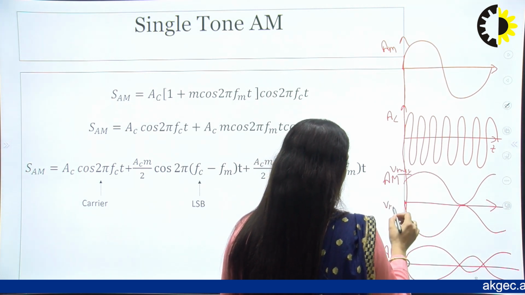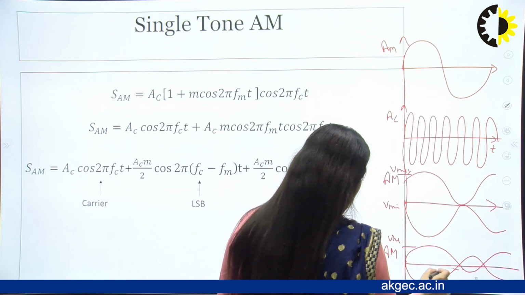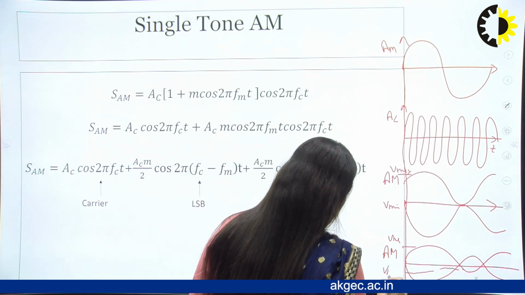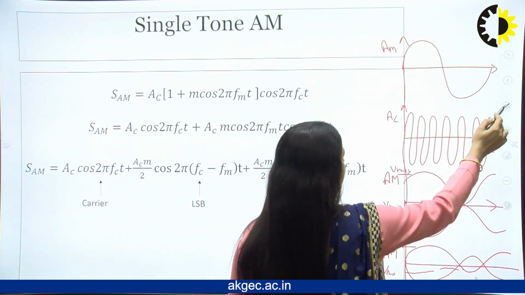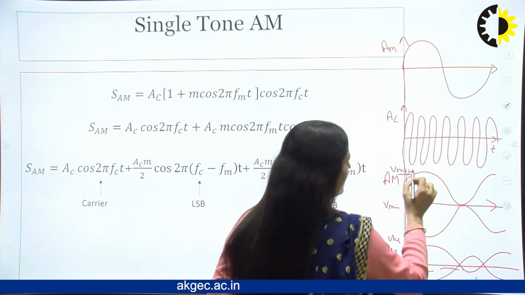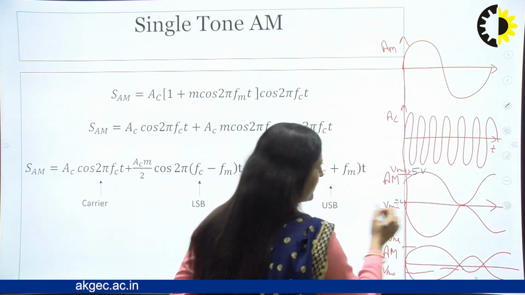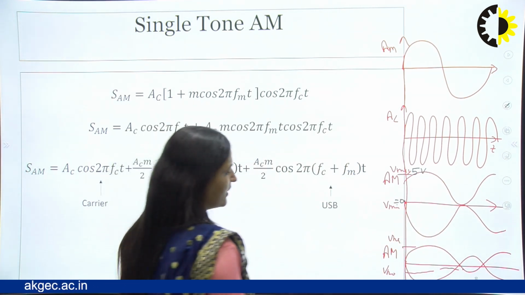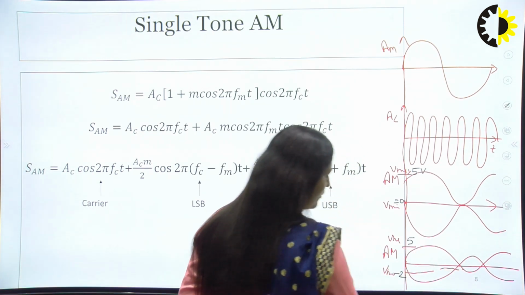Again this is Vmax and this is Vmin, right? See here, this is Vmin. So what is the value of Vmax, Vmin? If I consider Vmax is 5, now Vmin is 0.